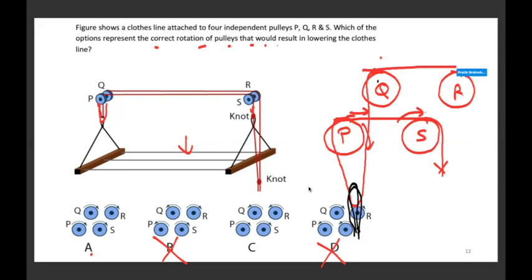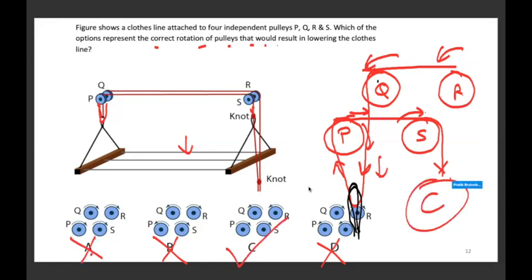Now if this is moving upward, तो ये नीचे ऐसे इसका रोटेशन ऐसे जाएगा, तो Q एंटी क्लॉकवाइज रोटेट होगा and R भी एंटी क्लॉकवाइज रोटेट होगा. So A is wrong and C is the one which is the correct answer. Yeah. We'll move to the next one now.